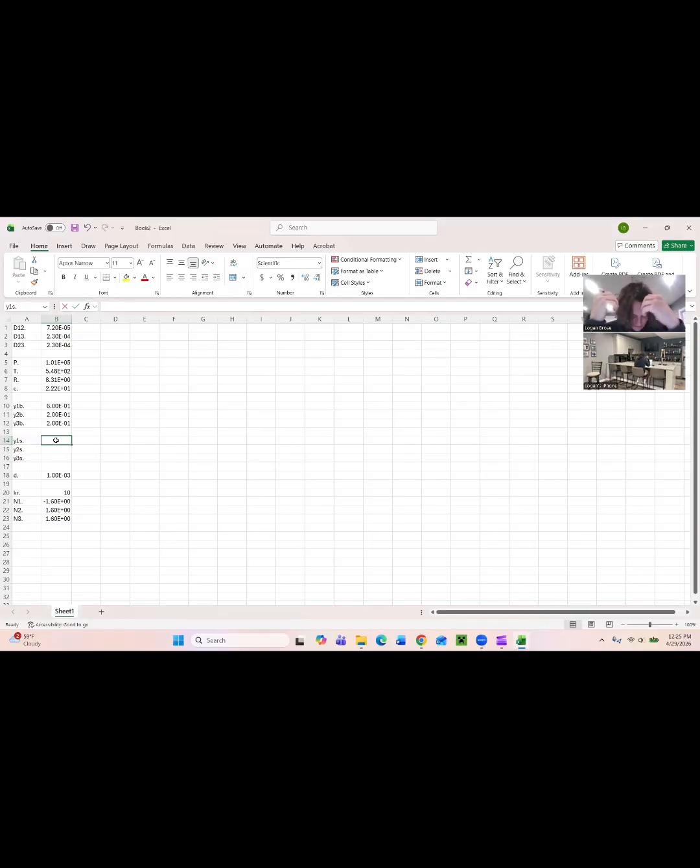And we said that that was just our N divided by our reaction rate, right? And then we said Y2 was 0.5. And we said that Y3 was 1 minus Y2 minus Y1, right? And so we get these values here.